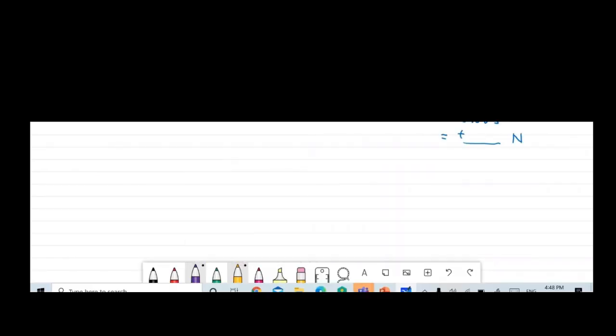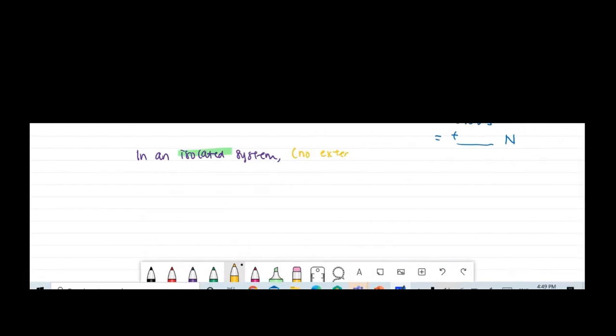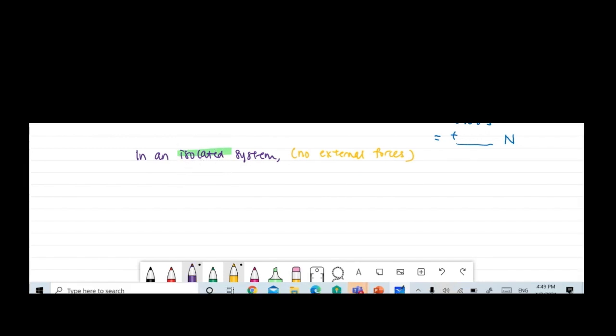Okay, principle of conservation of momentum. According to this principle, in an isolated system, so what is isolated? No external forces. Okay, no external forces. So in order to apply the principle of conservation of momentum, the system must be an isolated system, right? Total momentum is always conserved, right?